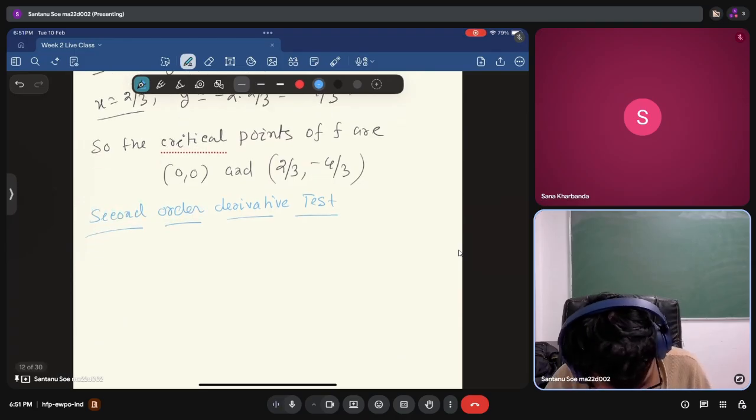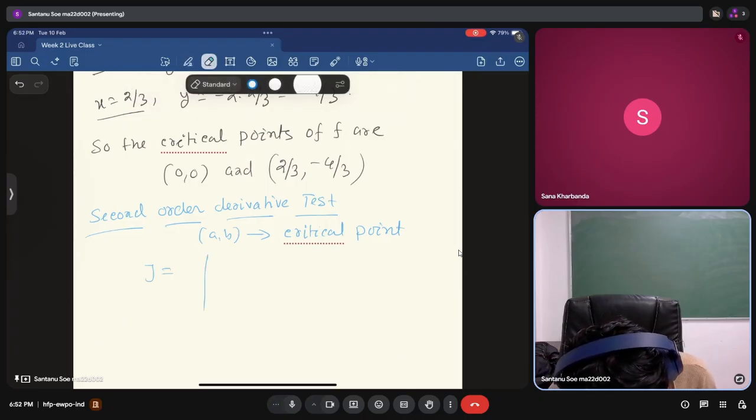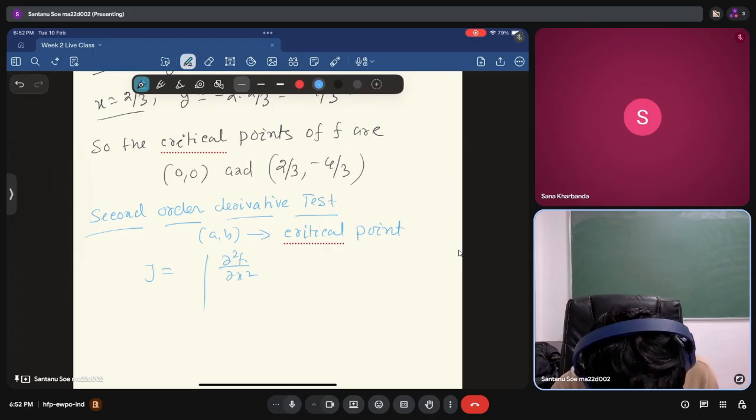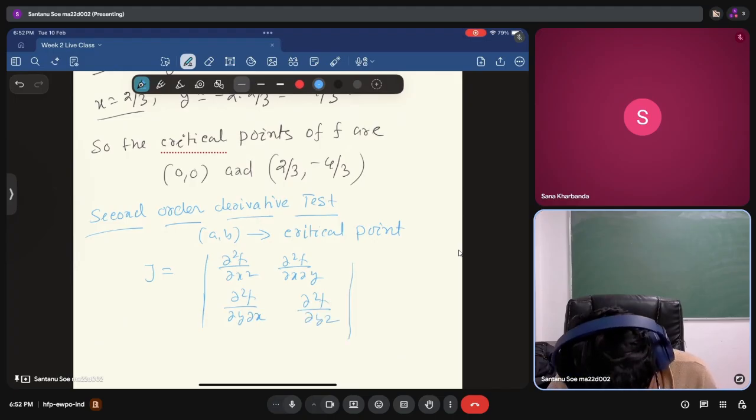Okay, so it says that if we have a critical point (a, b), then we have to calculate this Hessian, which is del square f by del x square into del square f by del x del y into del square f by del y del x into del square f by del y square.